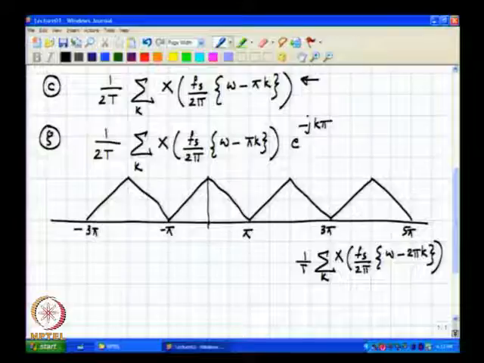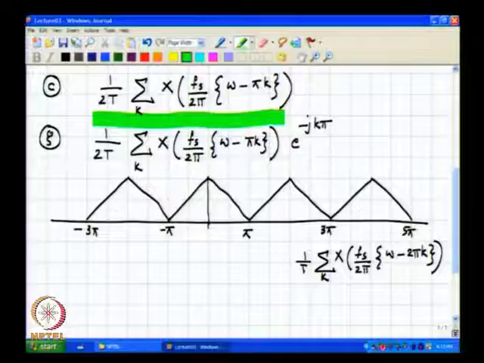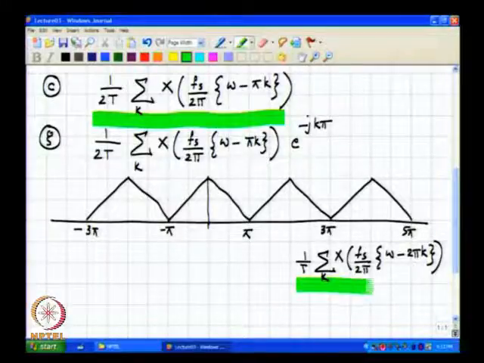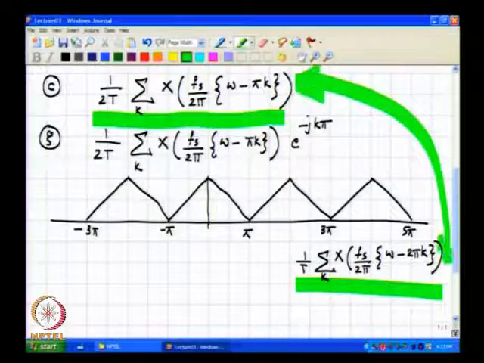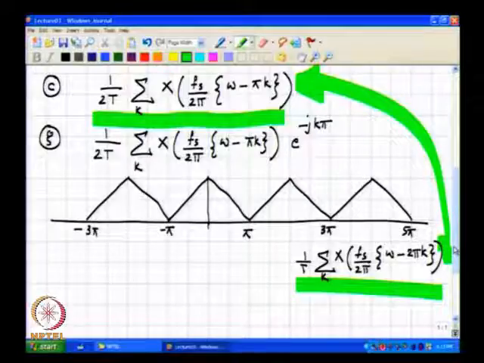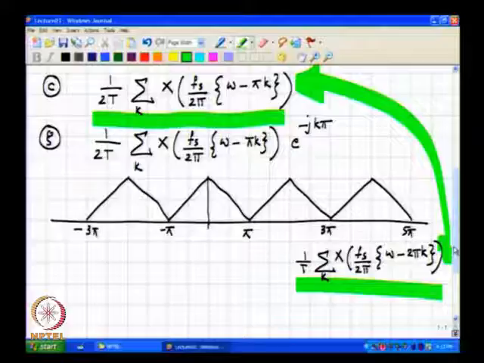But what is the difference between this expression and this expression? One is repeated at 2 pi, whereas the other one is repeated at pi. So, how do you think this expression will look?